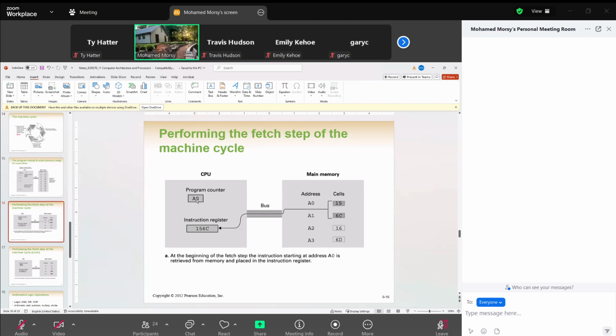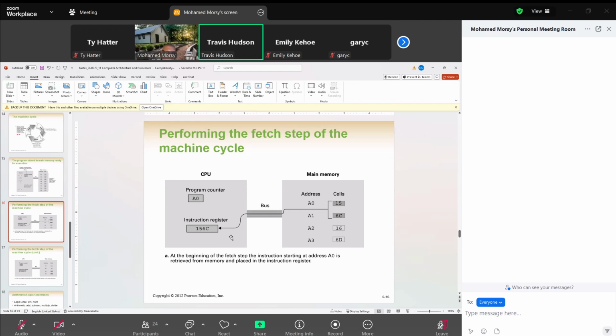After we retrieve the first instruction, we read here A2. As soon as we carry out this instruction, what can we read here?